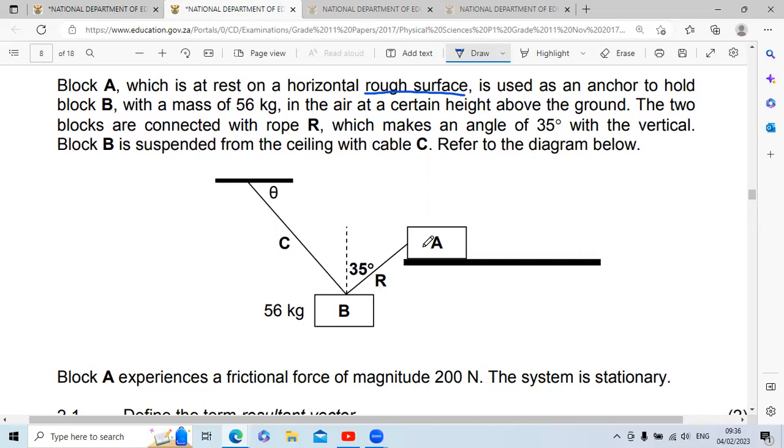So block A and block B are connected. Let's just say there's going to be a vector from block A to block B, and you give me the direction, whether it's going to be to the left, to the right, upward or downward. So do you think you can find that here?